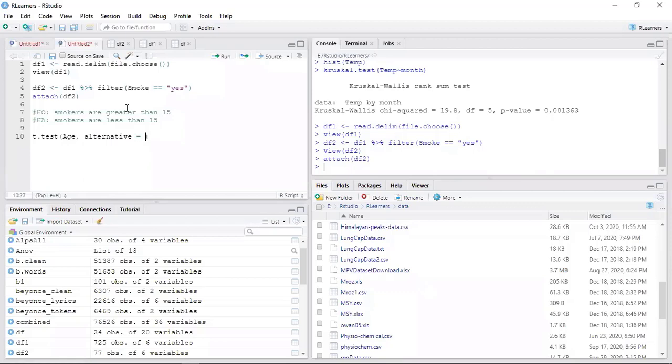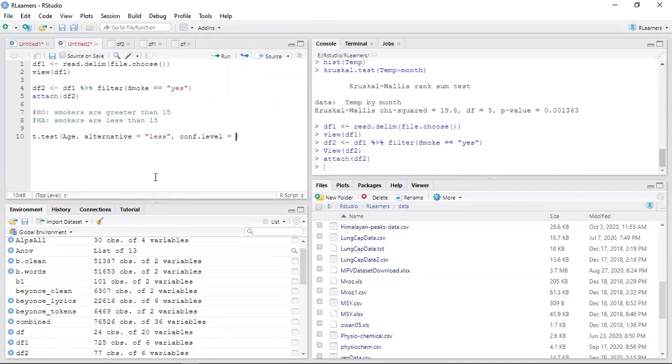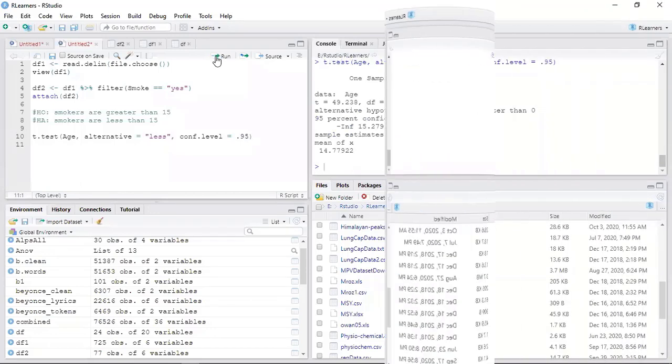Because the null hypothesis is that smoking is greater than 15, the alternative hypothesis is less. And you can put the confidence interval, the confidence that you want. Let's put it at 95%. And let's run that and see what happens.